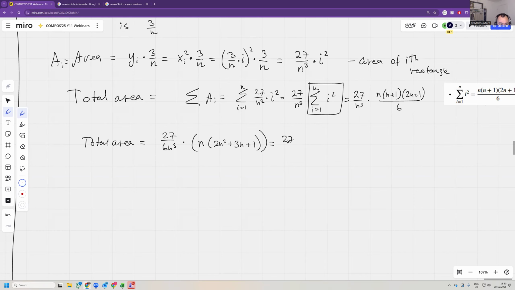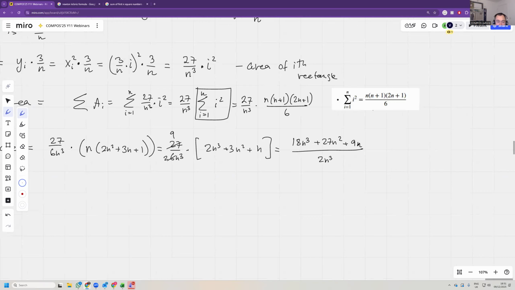Opening brackets, 27 over 6n cubed multiplied by 2n cubed plus 3n squared plus n. And 27 and 6 cancel, that's 2 and 9. So 9 times 2n cubed plus 3n squared plus n, all over 2n cubed, that is, 18n cubed plus 27n squared plus 9n all over 2n cubed.